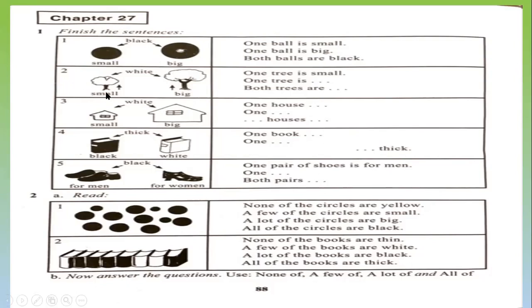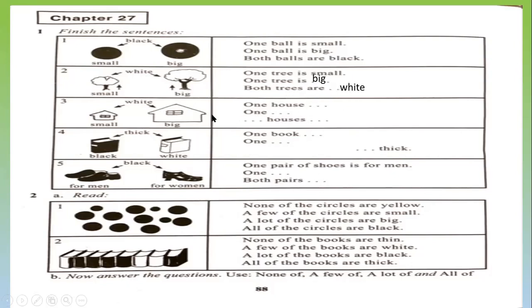Picture number 2. Small, big, white. One tree is small. One tree is, what comes here in this blank? One tree is small. One tree is big. Both trees are, what is written here? White. Both trees are white.